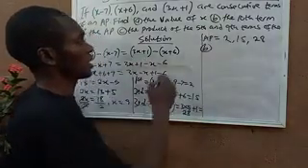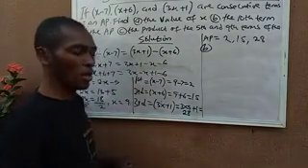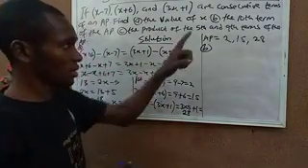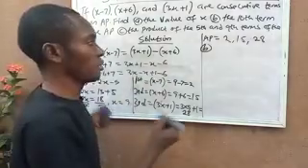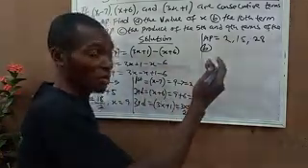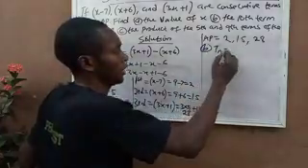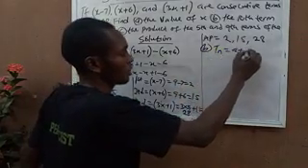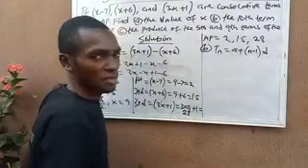Now, B says that we should find the 10th term of the AP. The 10th term of this AP can be found by using the general formula for AP, which we gave in our previous video. Tn is equal to A plus, open bracket, n minus 1, D, where D is the common difference.